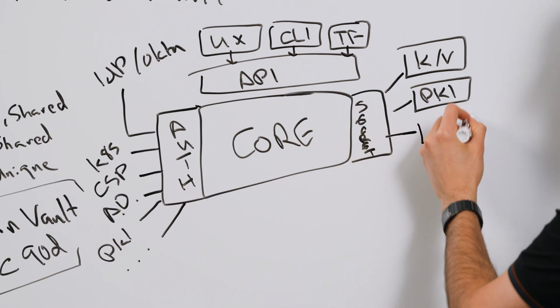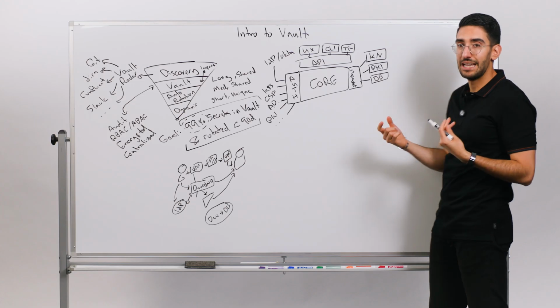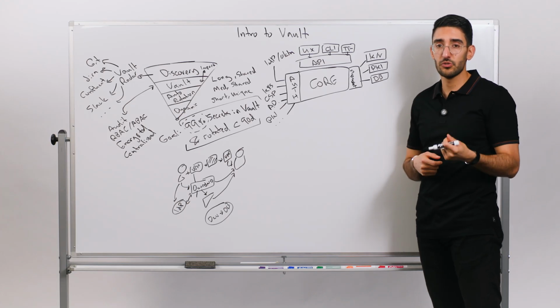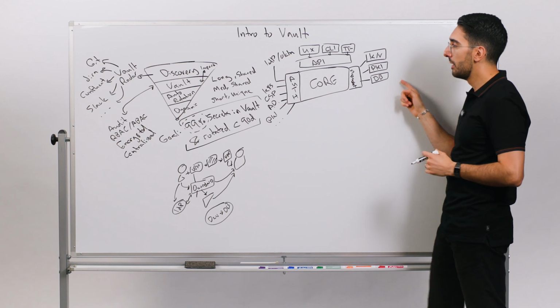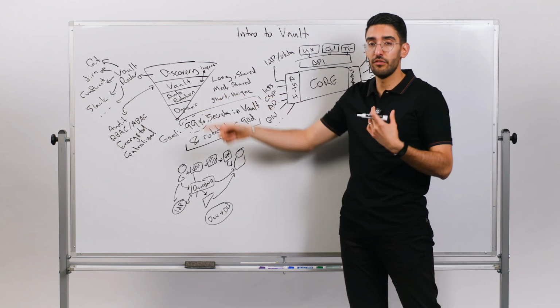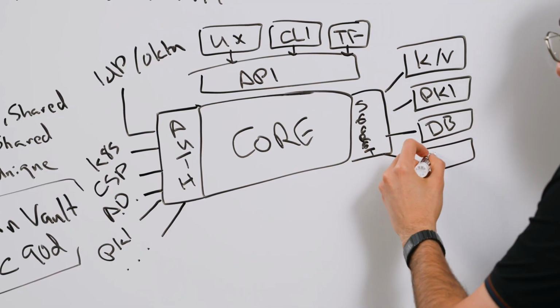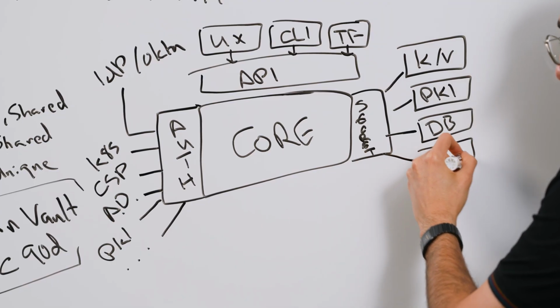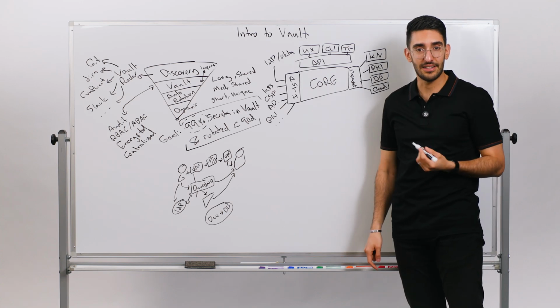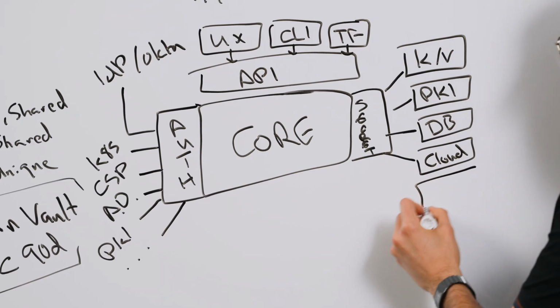Then we could think about databases, which I've given an example of. So this could be where we actually want to integrate natively with a system like MySQL or Postgres or Oracle or DB2, where we're doing things like auto-rotation or dynamic generation of those database credentials. But this is a very long list, right? We could talk about all of the various cloud providers. We can auto-generate things like IAM keys and cloud access keys so that we don't have to have long-lived tokens.